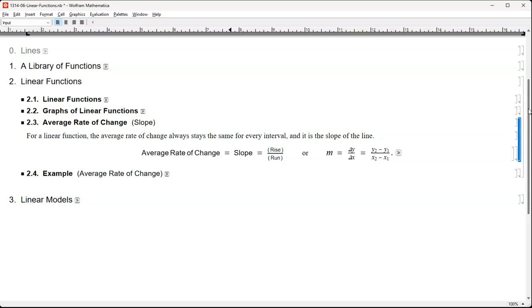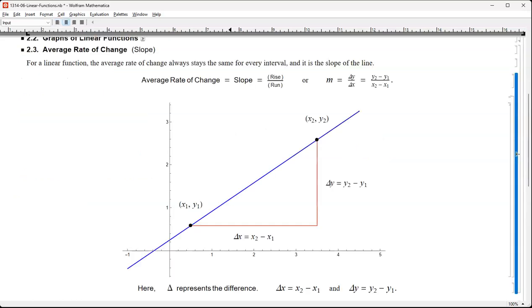Average rate of change is usually more useful for curves, and it actually means the slope of a secant line that's running through a curve. But for a line, we have the same average rate of change everywhere because we have the fixed slope all the time. So no matter what pair of points I select on this line, the slope is the same actually. So average rate of change stays the same.